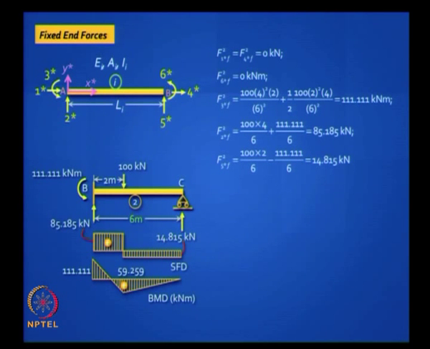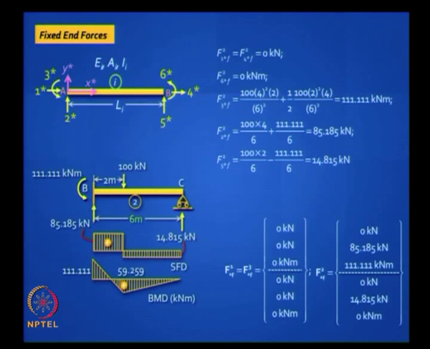Yes, we do, because at C now you have a hinge, so it is a propped cantilever. I think we know how to calculate the fixed end moment for a propped cantilever. You are familiar with this, we have done this kind of problem earlier. So find out the fixed end forces and then work out the fixed end force vector, and then what do we do next after this?